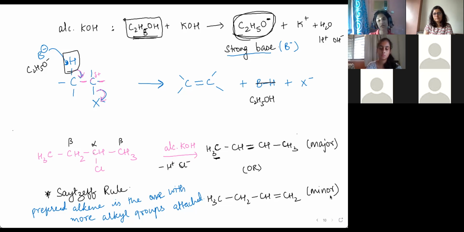No, but in the general one for beta elimination last year, they had given HX as the byproduct. Yeah, because here we are getting BH and X minus. That's intermediate, right? At the end of the day, we started off with C2H5OH, we got back our C2H5OH.